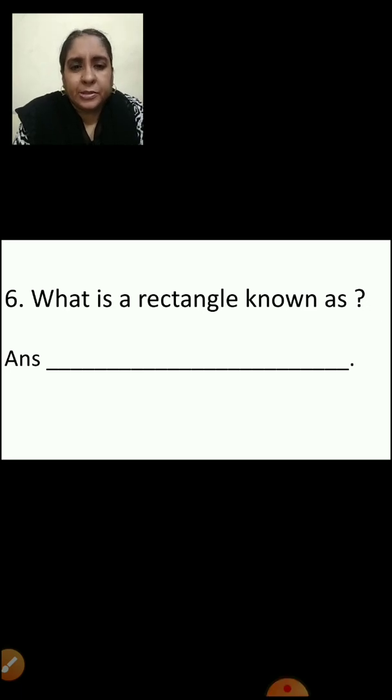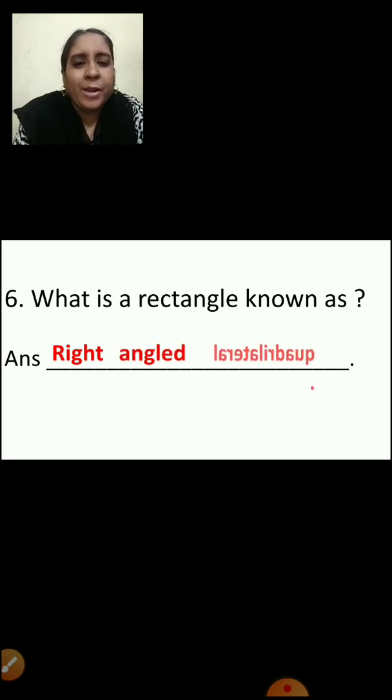Question number 6. What is a rectangle known as? Now you know what is a rectangle. What is the other name of rectangle? Tell me, children. It is right angled quadrilateral.